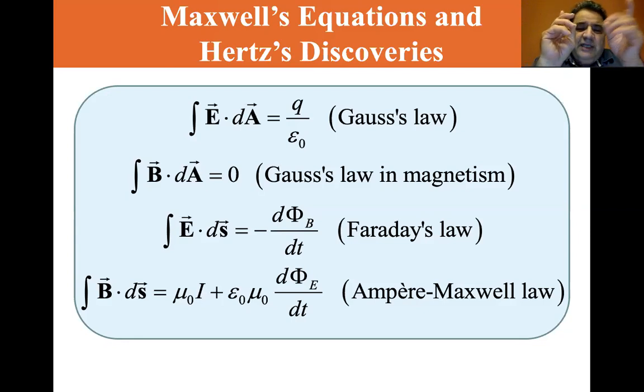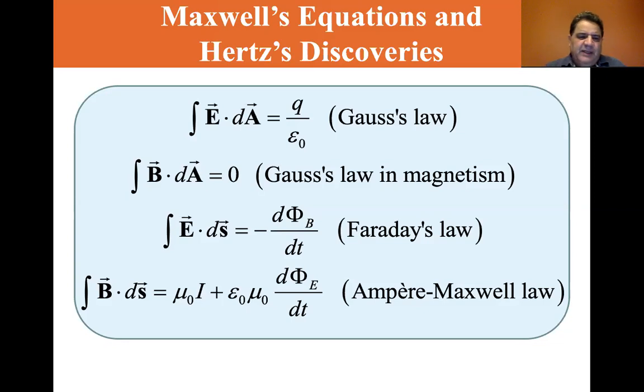You can change the magnetic flux by changing the magnetic field, by changing the area, or by changing the cosine theta, the angle between the magnetic field lines and the surface. Without any of those changing, if phi, the magnetic flux, is not changing, you have no electric field. It's only in a changing magnetic field that you get an electric field.